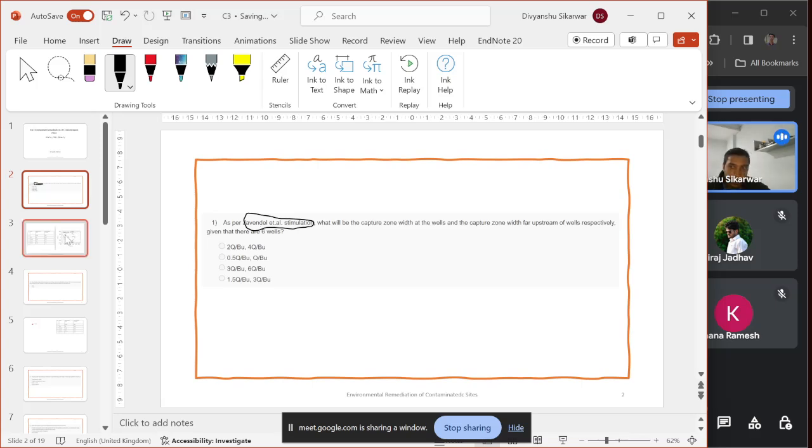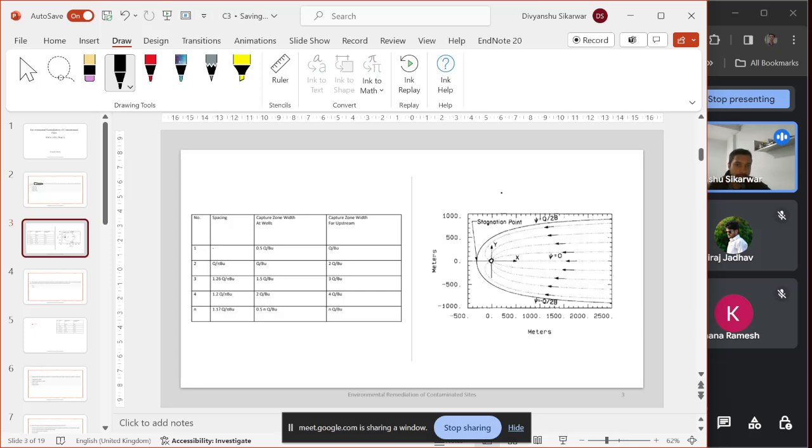So this method gives us an idea: if we have a contamination zone like this, and groundwater flows in this direction, this method determines where we should construct the well so that we are able to cover this complete area.